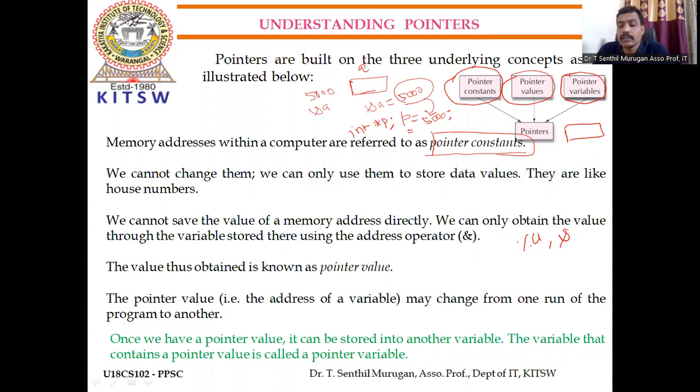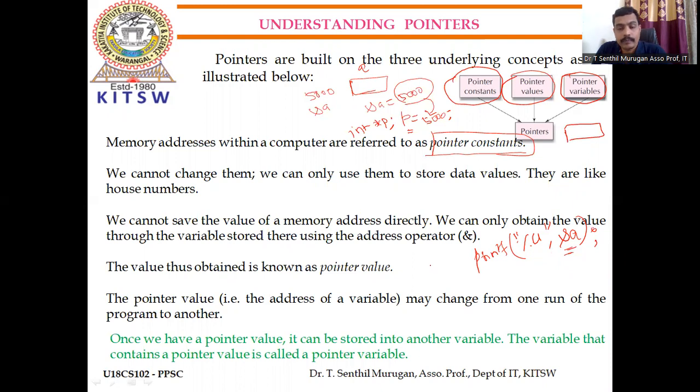So for example &A. The printf, open bracket, within double quotes %u, comma &A. Normally we use ampersand symbols in the scanf statement. If you want to see the address of a particular variable, you can use it like this. Then you will get the address of this A value.